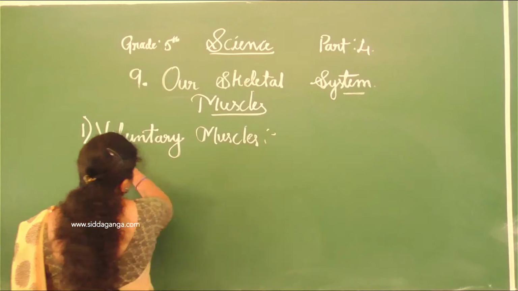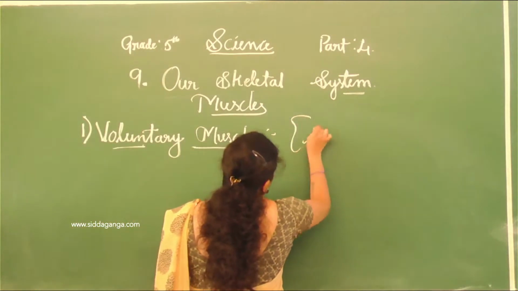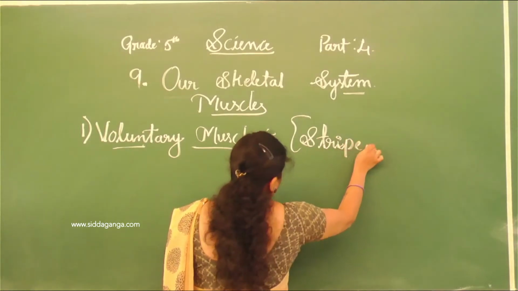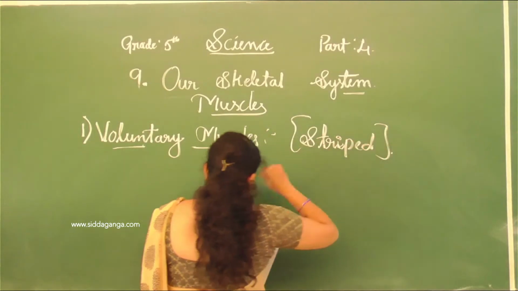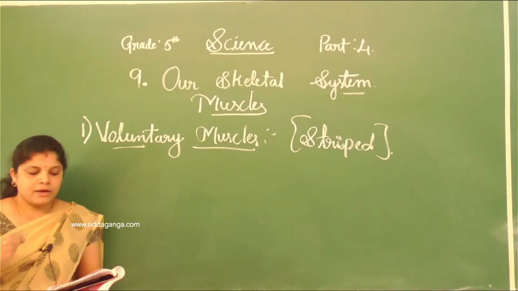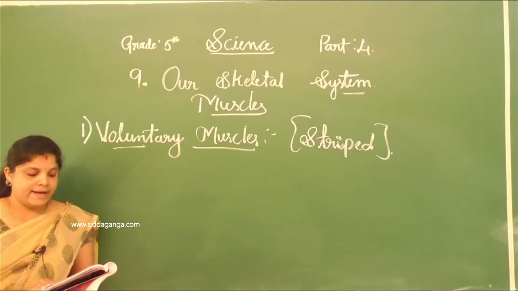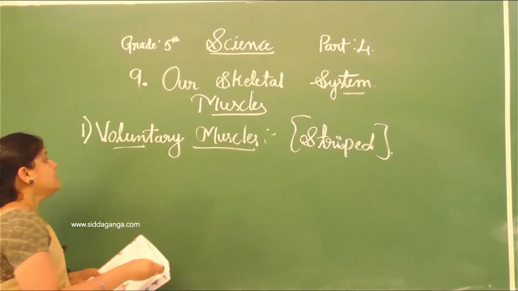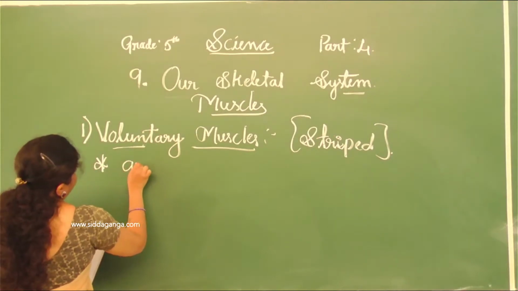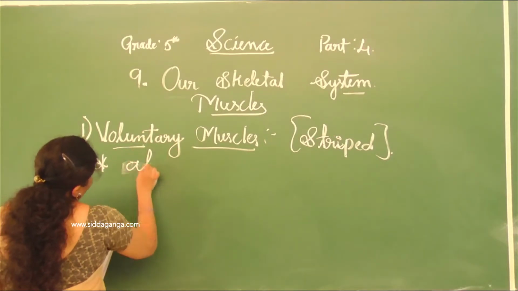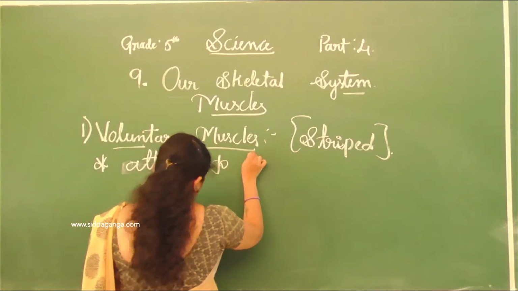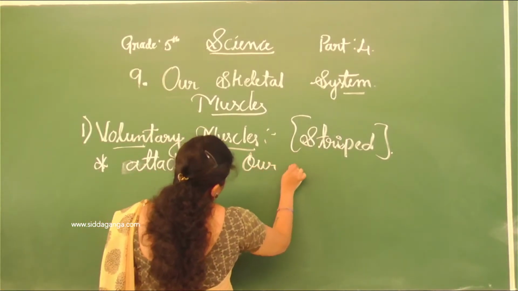Voluntary muscles are also called what? Striped muscles. Normally voluntary muscles are attached to our skeleton and are in our control. Normally these voluntary muscles are attached to our skeleton.